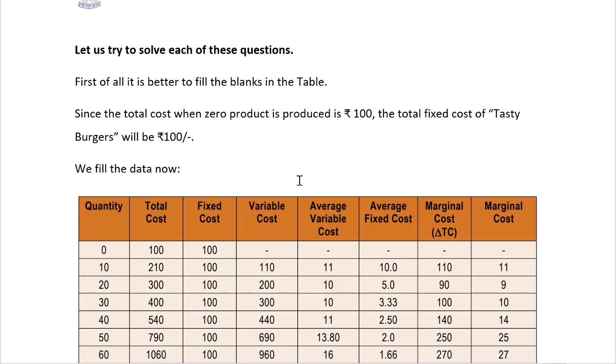Since the total cost when 0 product is produced is 100, over here the quantity is 0, the total cost is 100. That means the fixed cost is 100. So fixed cost is 100 at every level of output.